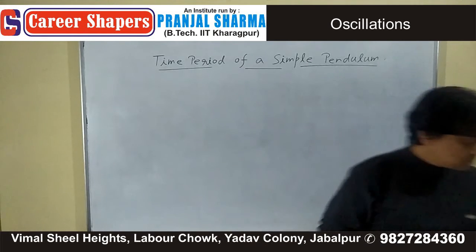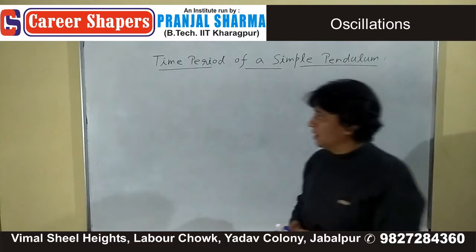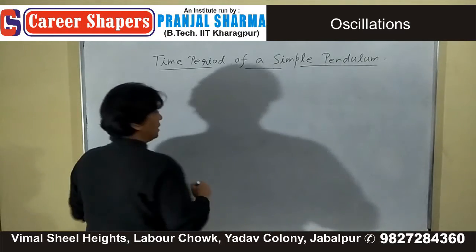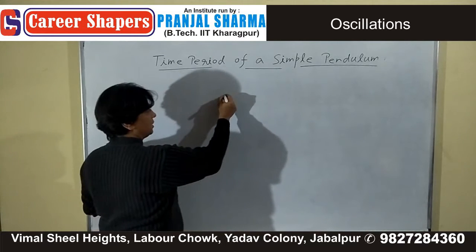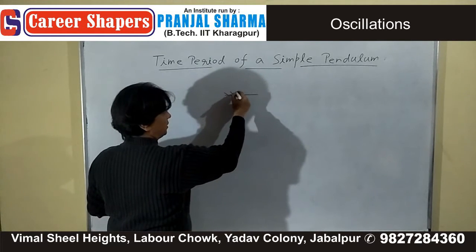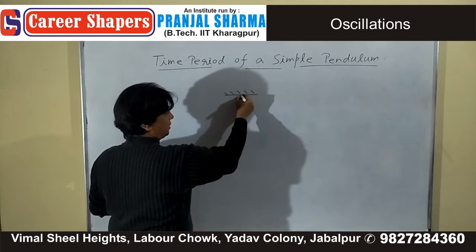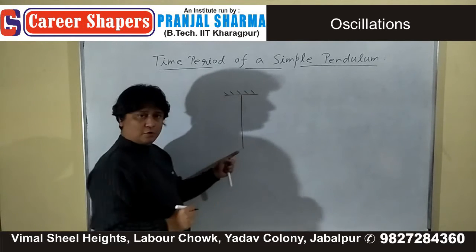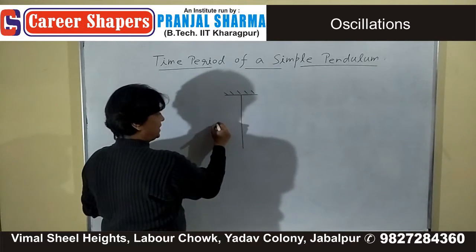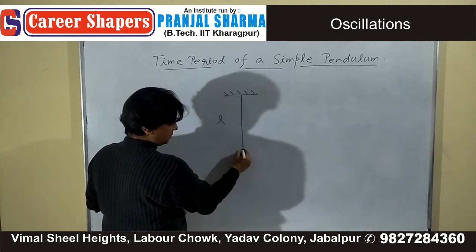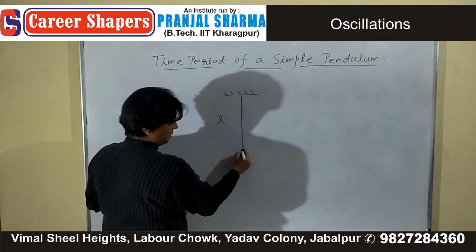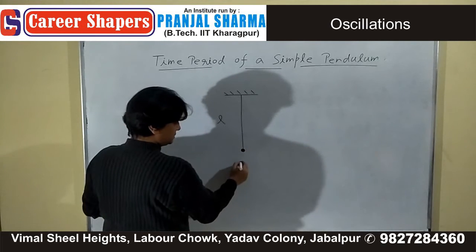Now, how do we find this time period? This is the rope of length L, and at this end, remember we have a point mass.